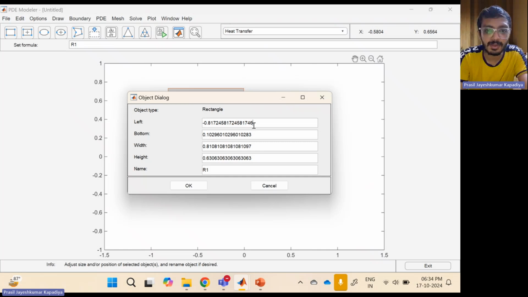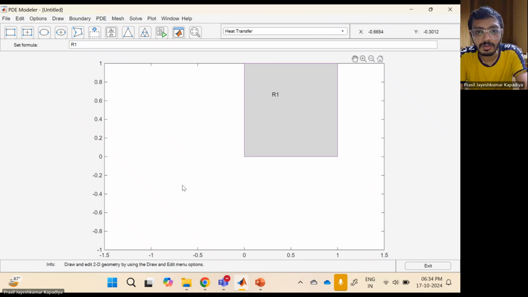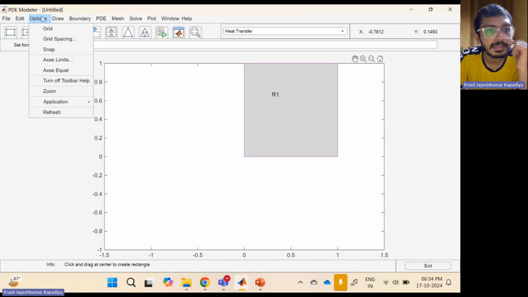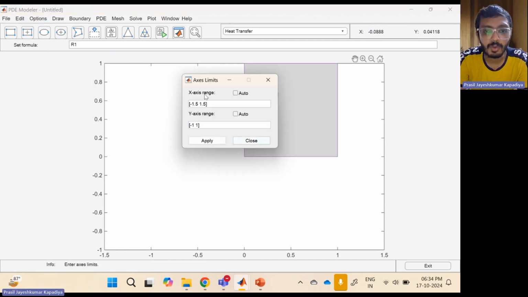Let's say my left is 0, bottom 0, width 1, height 1. So it is 0 to 1, 0 to 1. Further, I can edit my axis limits, because this extra area is not required for us.